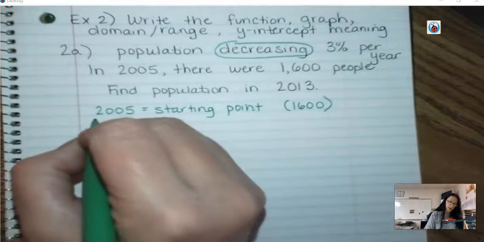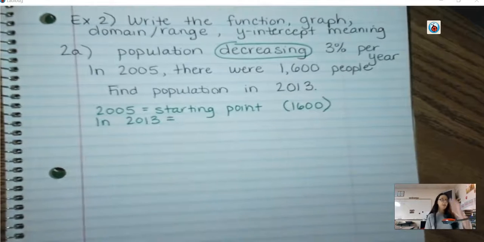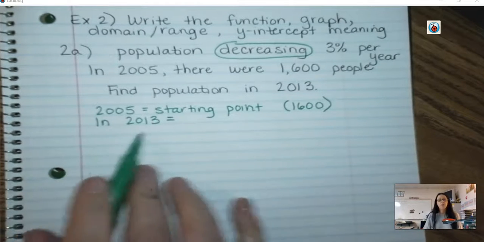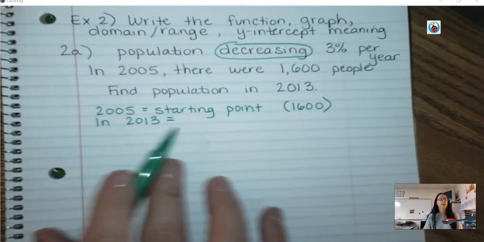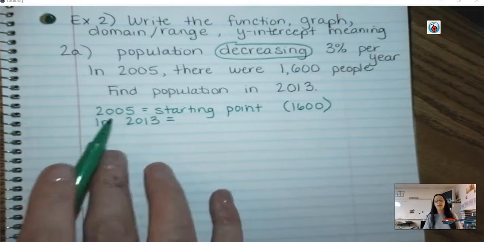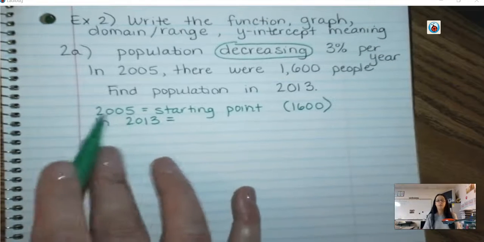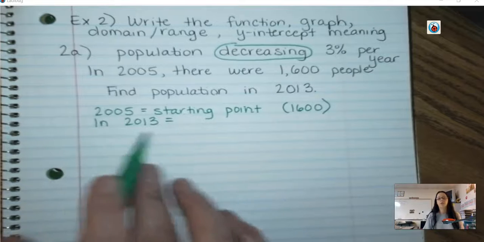So in 2013, you have to think about how many years later that is from 2005. When you go to figure this out, you're not going to plug in the number 2013 because it's not asking from the beginning of time. It's asking from 2005. They started figuring out this population was going down in 2005, and I'm asking about the population in 2013.